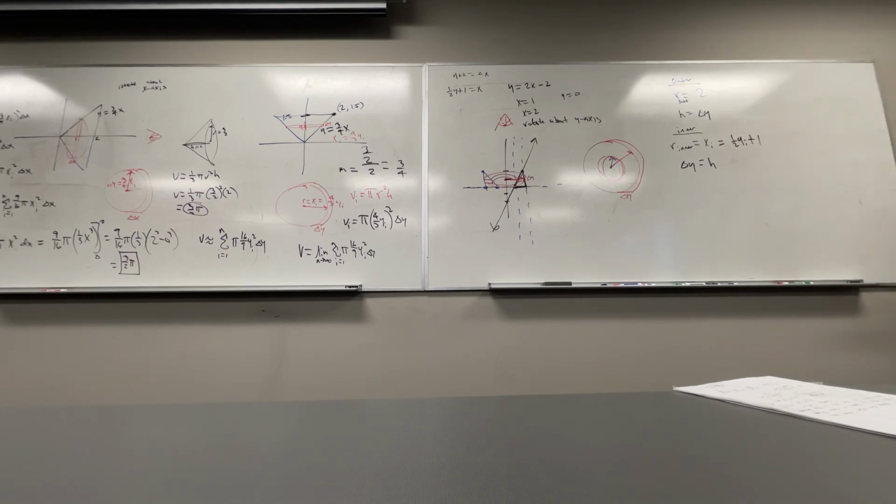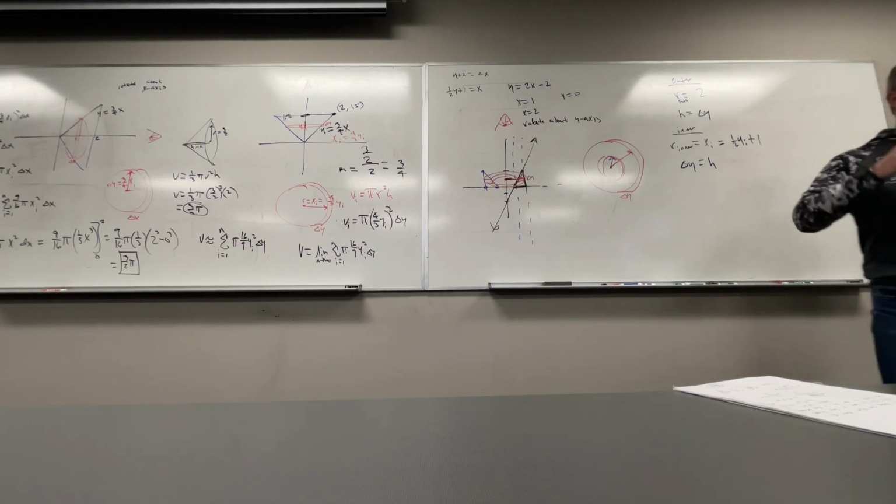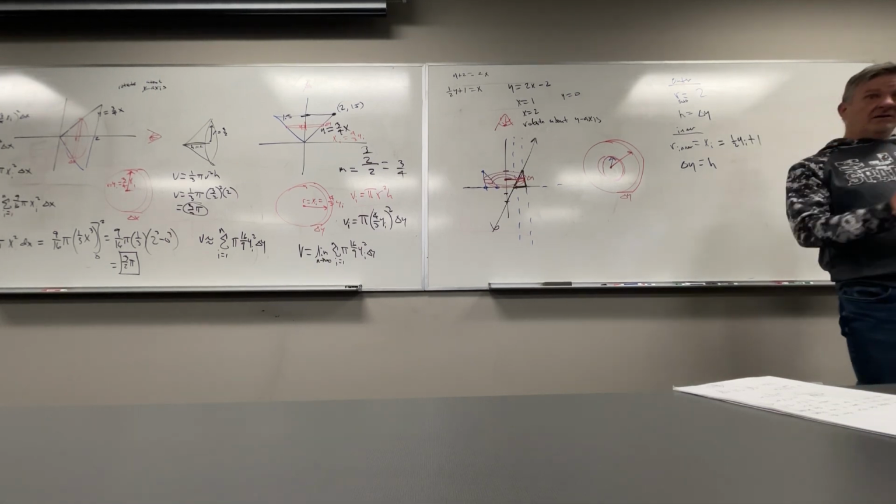Now I got a couple of ways I could do this. I could find two separate volumes and subtract one from the other, like over the whole thing, right? But I'm going to tell you that that's not going to be really convenient in the long run. I think what I'm going to do is I'm going to say, well, for every step along the way, every disc that I draw, every washer that I draw, the volume is going to be the outer minus the inner, right?